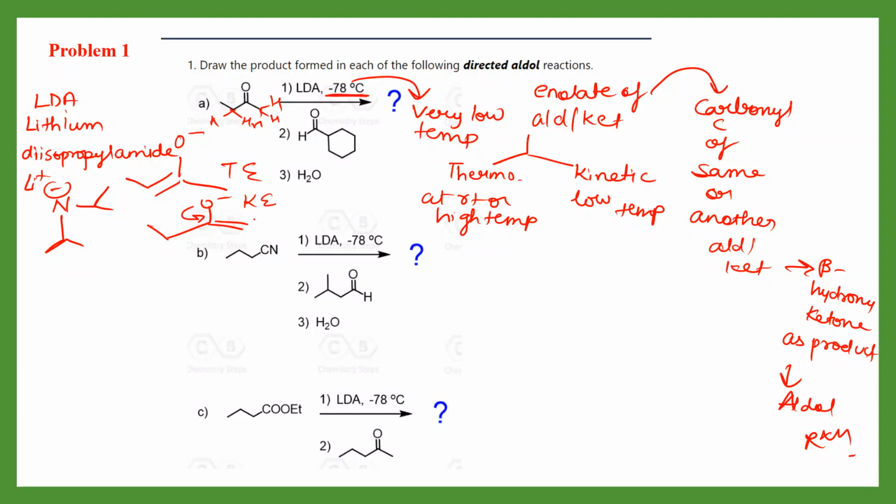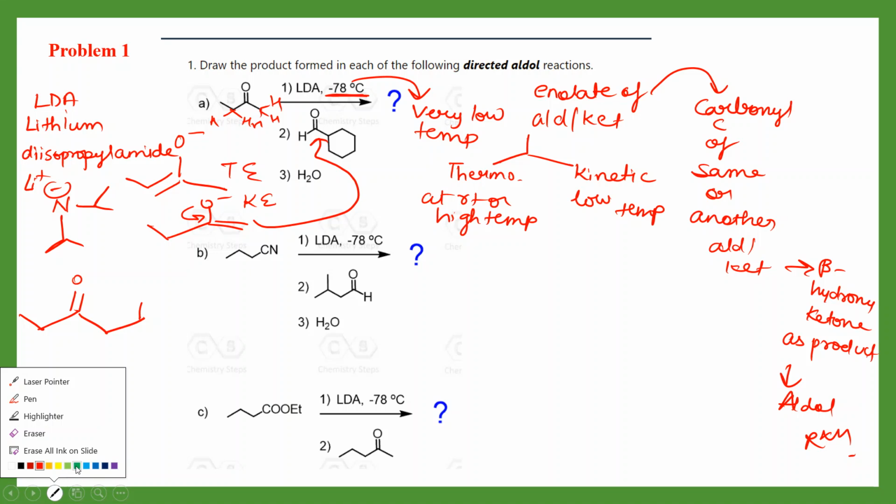Oxygen charge will come here and it is going to attack this cyclohexane carbonyl. What it is going to form? C double bond O, and this is a nucleophilic carbon. So it is going to attack.